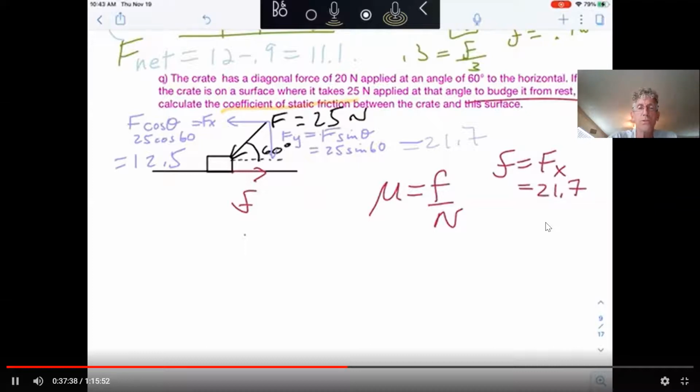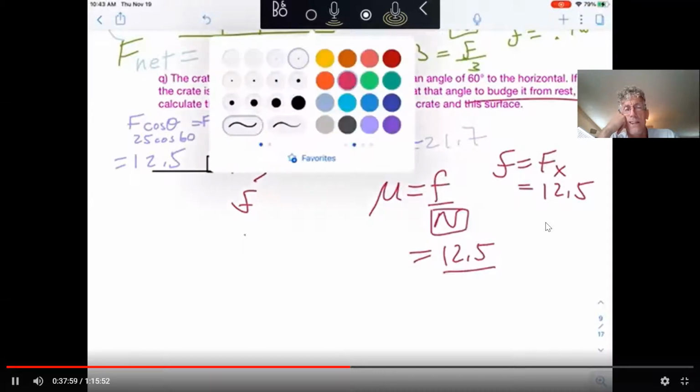I know that those forces are balanced because it's on the verge of slipping. It's just about to budge from rest. So I do have Fx. I have to find what N is, the normal force, and so we have to look at that.